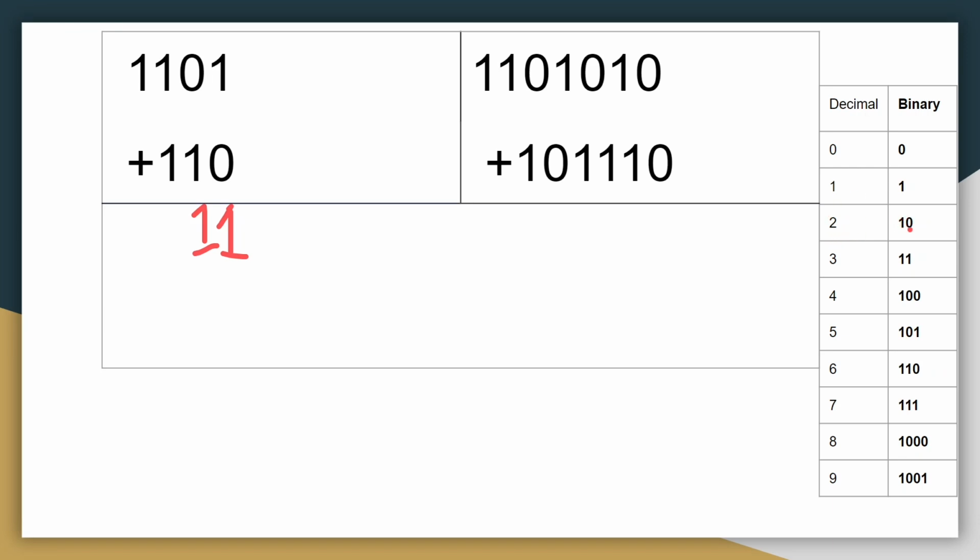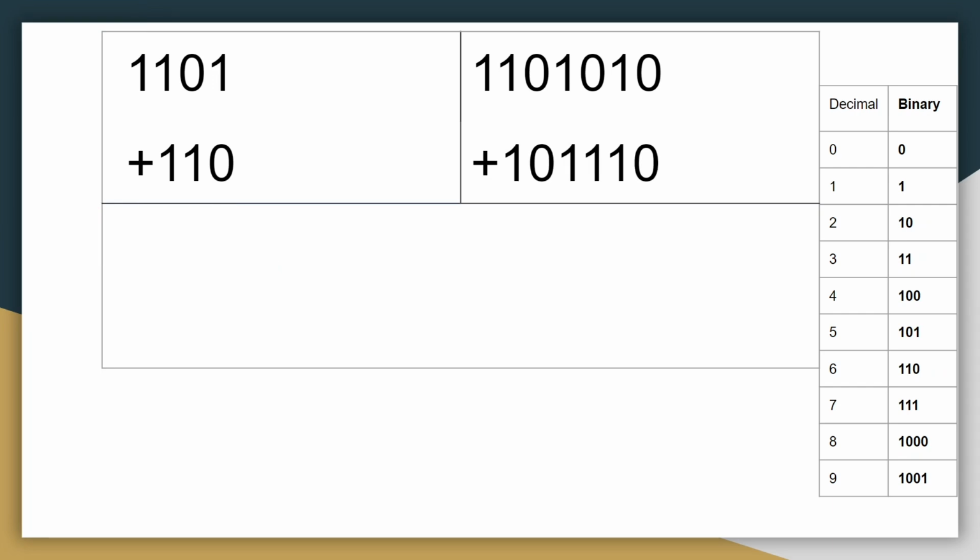It's actually equal to 10, so we put a 0 here and carry a 1 on top. And then again, 1 plus 1, we put a 0 here and add a 1. So 1101 plus 110 binary is 10011 binary.